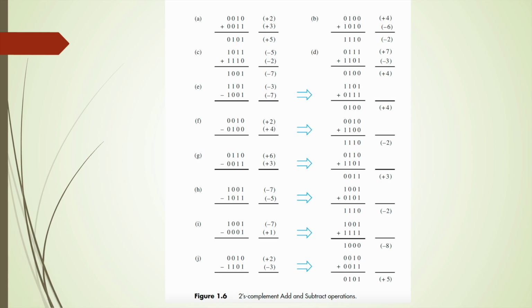No subtraction is performed by the computer, it will just add the numbers. If the minus sign is present, we will just 2's complement the value. Minus 6 is calculated by taking the 2's complement of 6, and we just add.